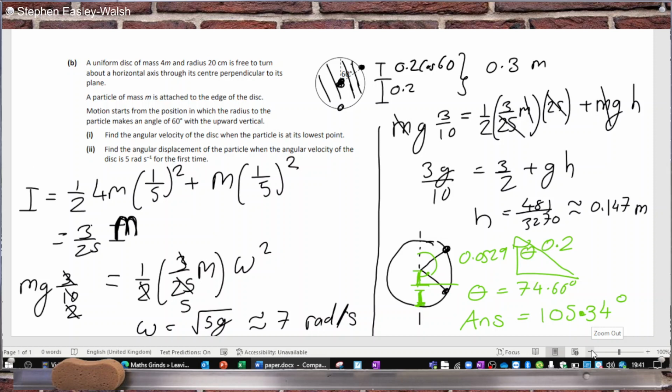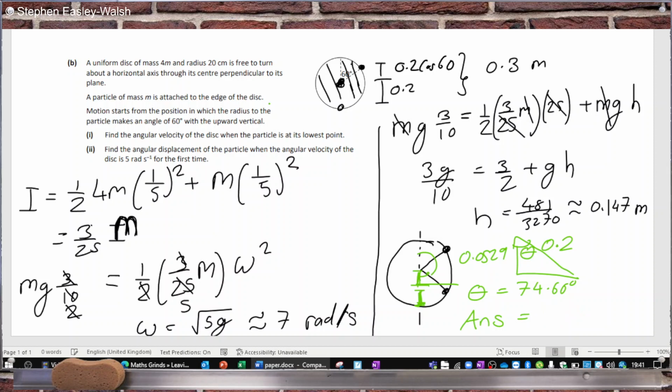The motion starts in a position in which the radius of the position makes angle 60. Find the angular velocity of the disc when the particle is at its lowest point. Find the angular displacement of the particle. Oh, now actually I wonder. So an angular displacement from where it began, one would imagine. So now I feel like I should subtract 60 from the answer.